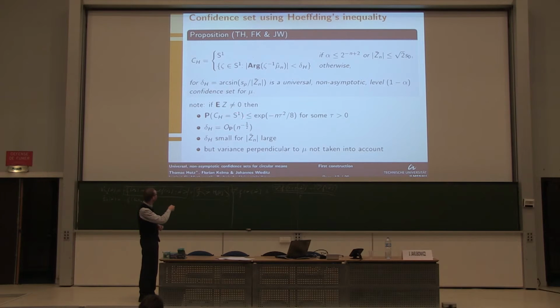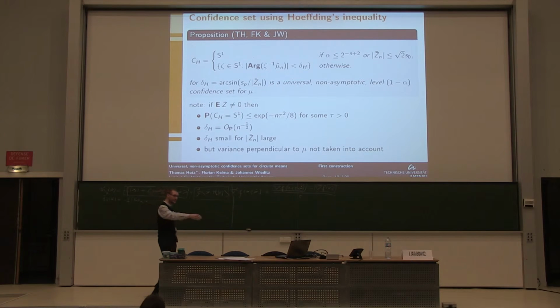And if your true expectation of Z is not 0, so that you have a unique circular population mean, then the probability of inadvertently having the whole circle, so a trivial confidence region, goes to 0 exponentially fast. So essentially, this is not going to happen if n is large enough. And if Z n bar is large, then from this formula here, you can see that delta h is going to be small.